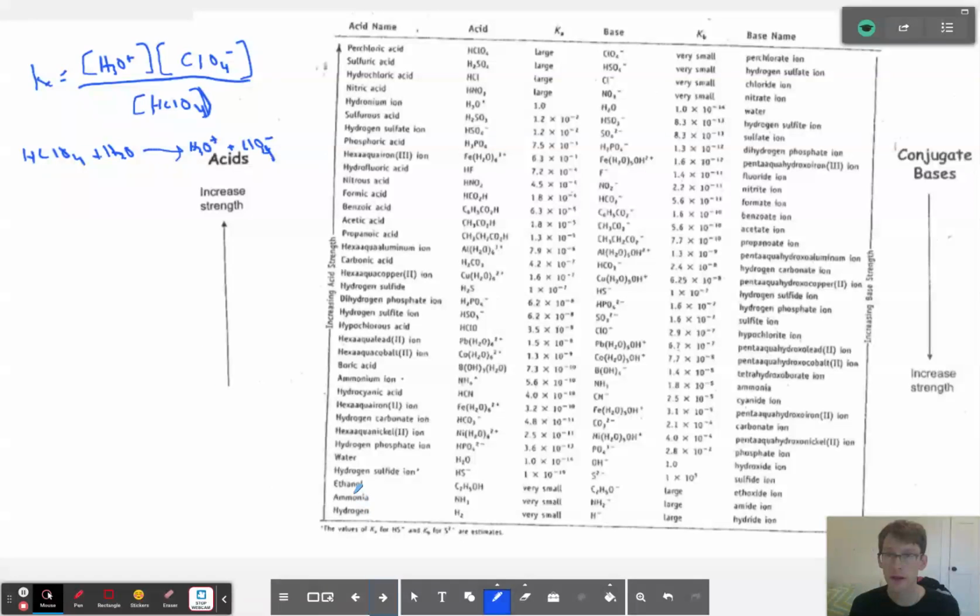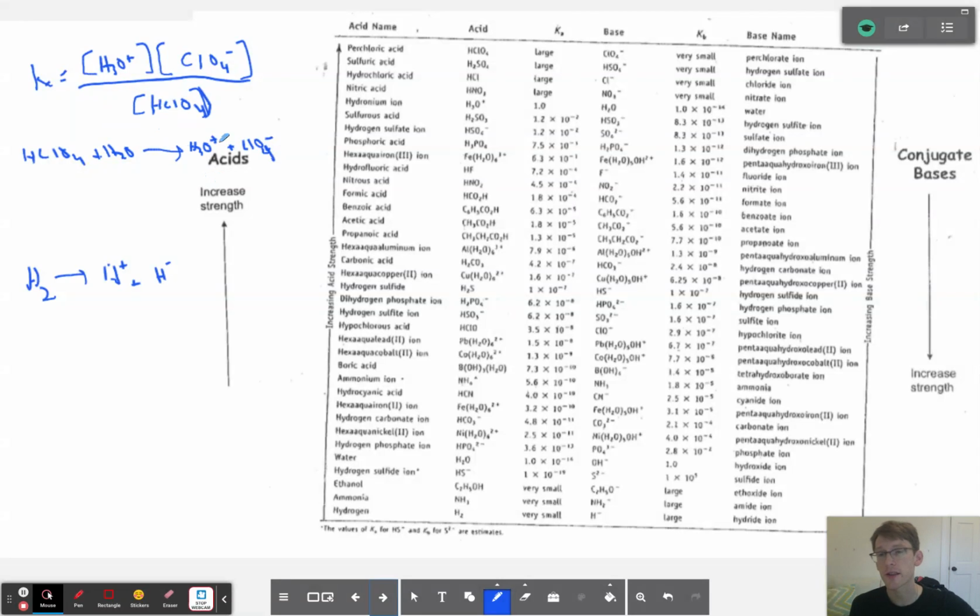I'll point out that substances that really do not dissociate into H3O plus and a conjugate base have an incredibly small Ka, and an example is hydrogen. H2 is not really going to give you H plus and H minus. It's not going to happen. And so you get a very low K value for that.